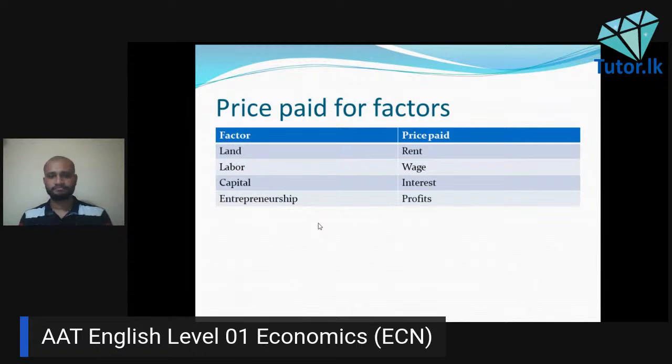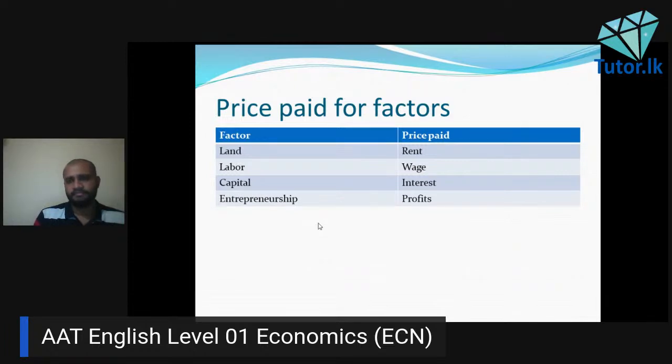Now the capital, which means man-made resources. The company has to acquire these resources. They need to buy vehicles, a building, equipment. For that matter, they need money.